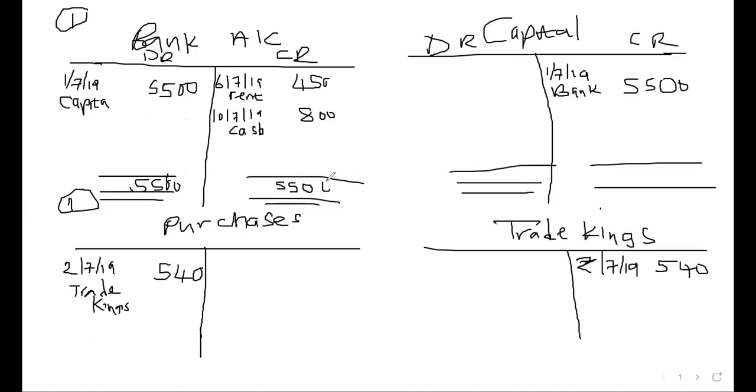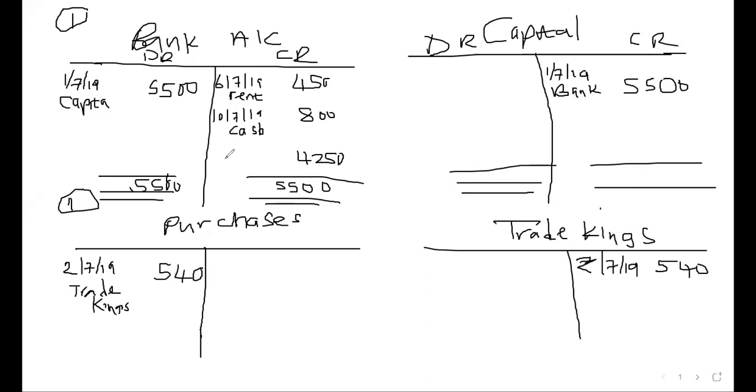Now, what figure is assisting us to reconcile the credits? You simply start subtracting 55 minus 800 minus 450. So the figure that is assisting us is 4250. We are just forcing it to balance because this figure is the difference.